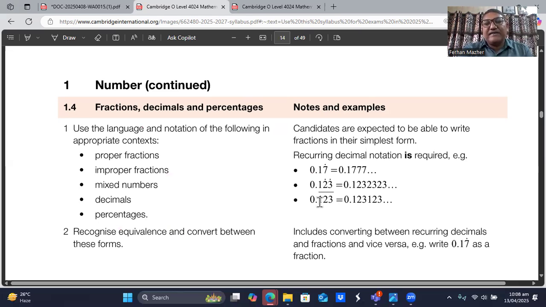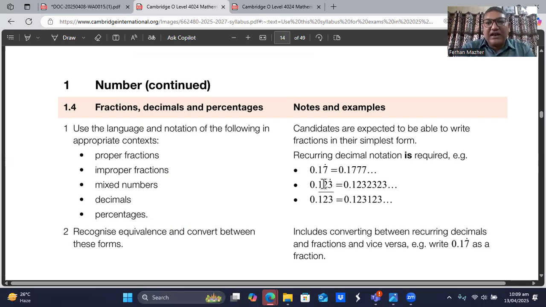For example, in 0.123 they put a bar on it, which means that these digits will be repeated. For 0.17 with a dot on the 7, that means this 7 will be repeated again and again. This is recurring, and it's non-terminating. We have to learn how to convert these into simple fractions.